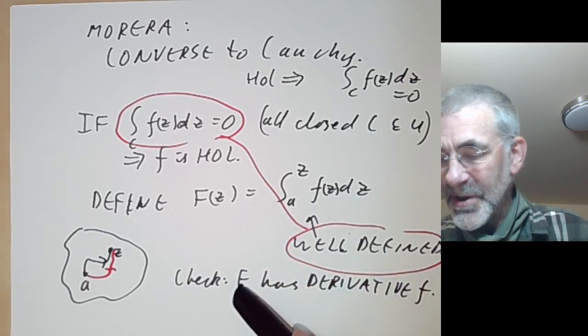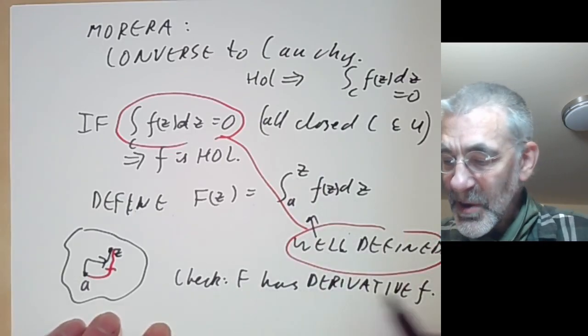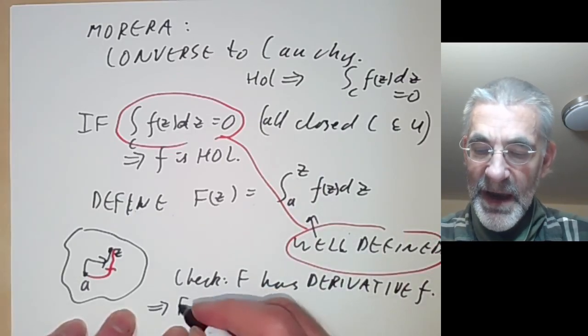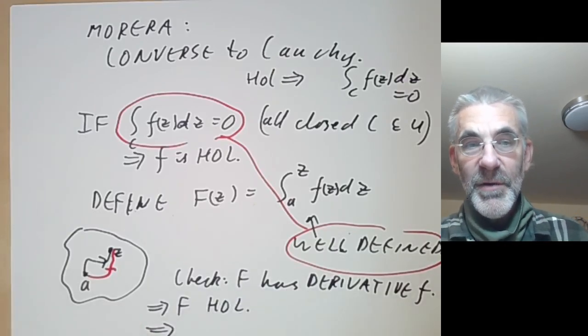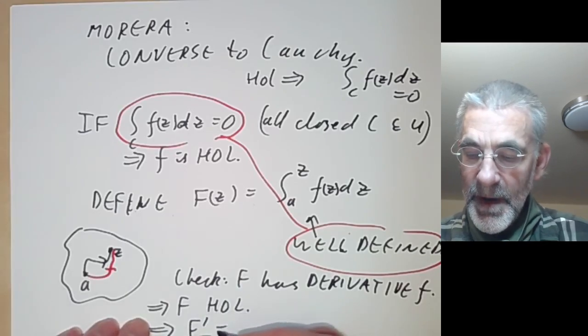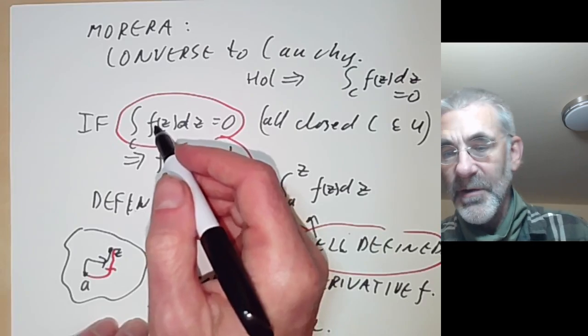So we just check that once we've defined it like that, it has derivative f. Well, since it's got a complex derivative, this implies F is holomorphic. And we just saw that if a function is holomorphic, its derivative is also holomorphic. So our function little f is holomorphic.